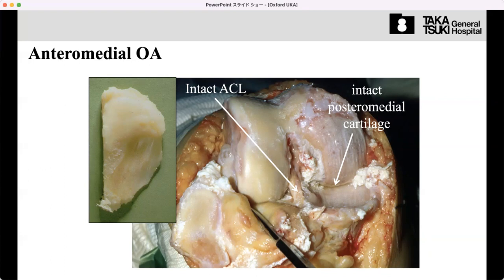Due to the intact ACL, in this situation the tibia never moves anteriorly. So a simple indication is just anteromedial OA. That is a good indication for UKA.